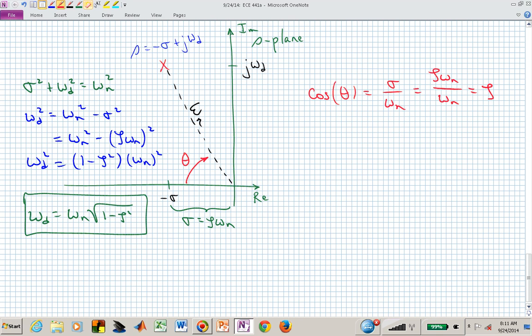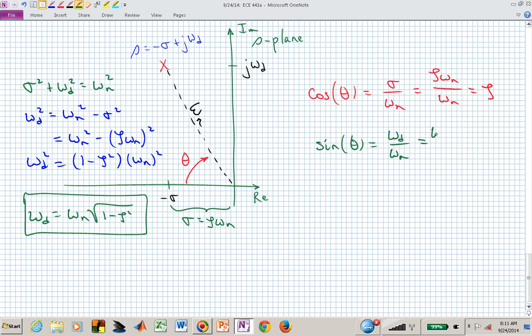Now, later we may, in our derivation, talk about the sine of theta. We mainly focus on zeta, which is the cosine of theta, but in today's development, we might want to refer to the sine of that angle theta. That's now opposite over hypotenuse, or omega sub d over omega sub n.